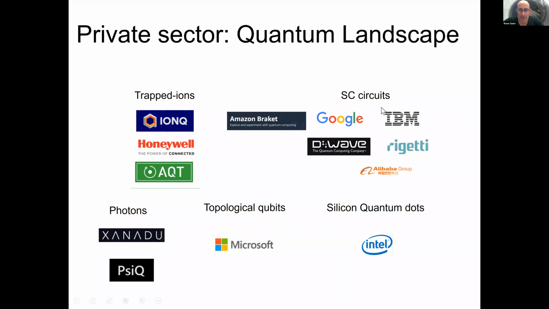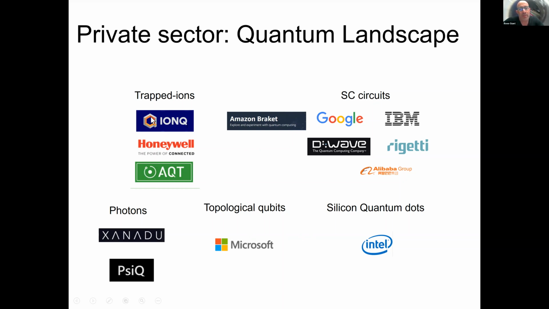What I've done here is put a short list of some of the industrial players in quantum computing under different technologies: superconducting circuits, trapped ions, photons, silicon quantum dots, topological qubits, which is a type of technology I did not describe, which Microsoft is leading. All these are attracting large investments.